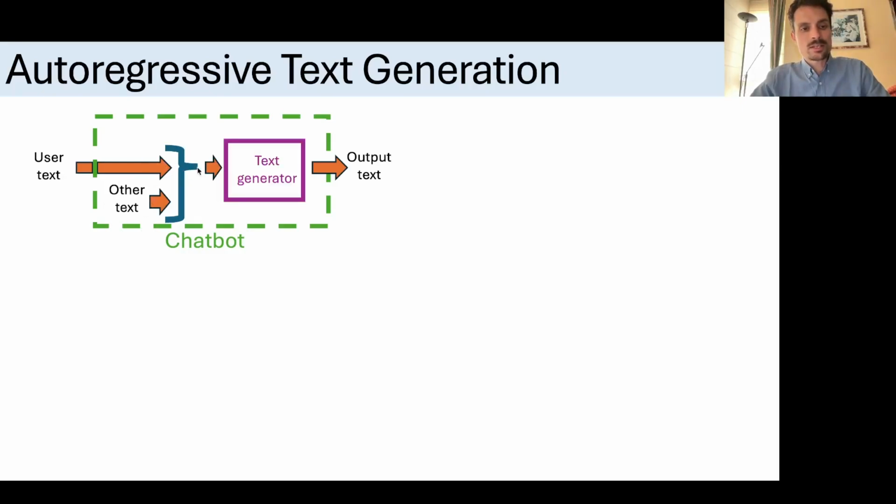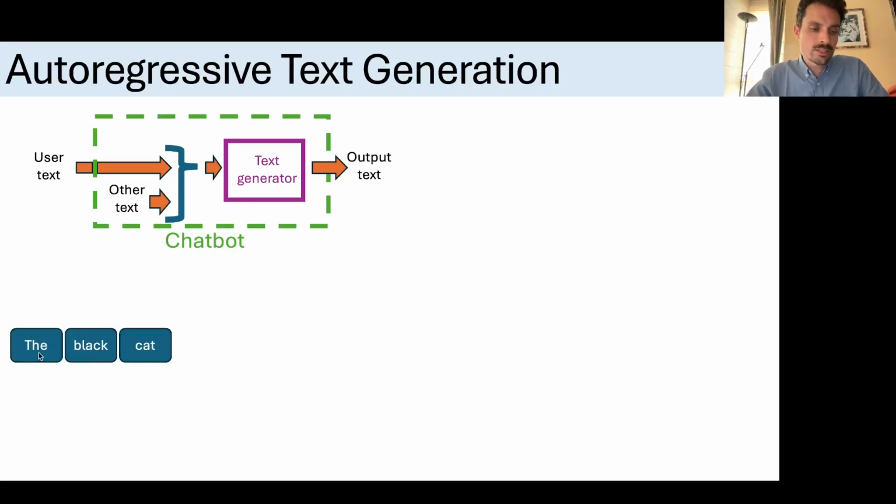And it gives the resulting text to a text generator, which produces more text. Then the chatbot shows that text to the user. So let's see how a text generator works.